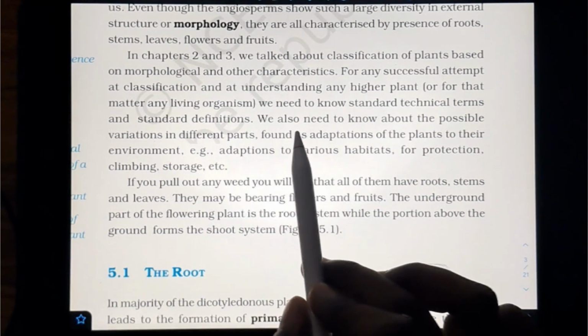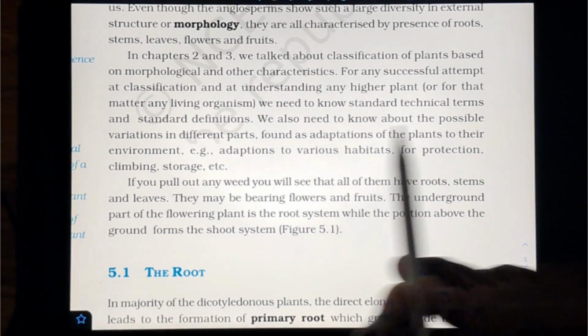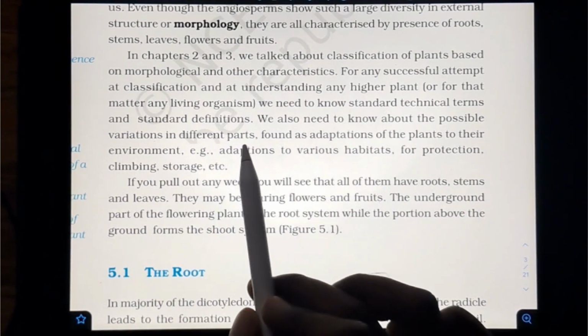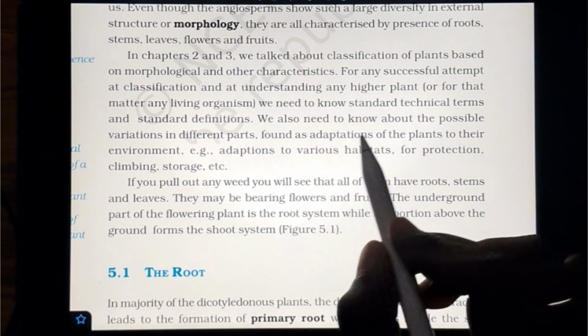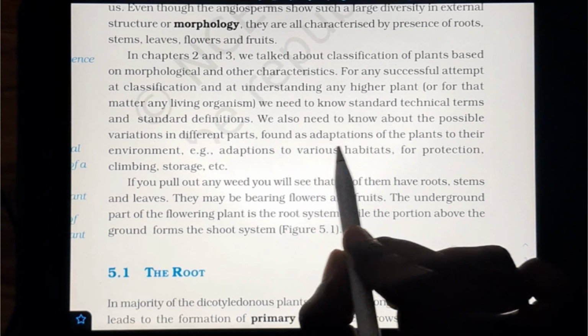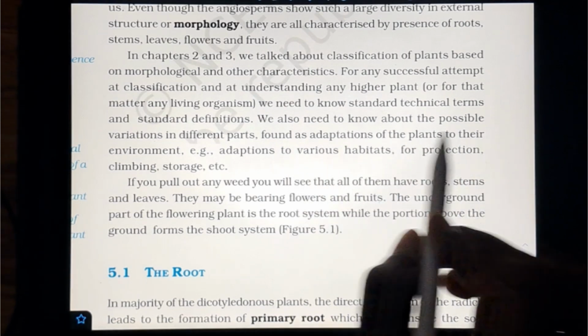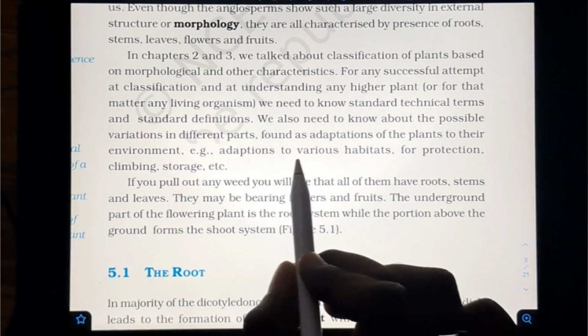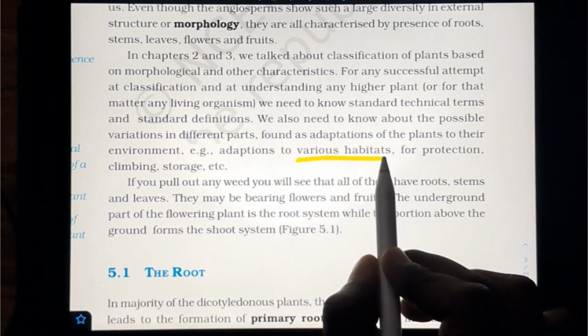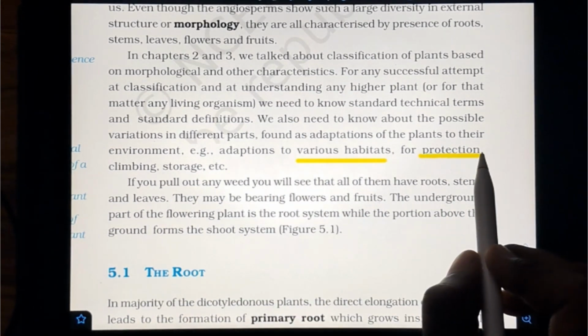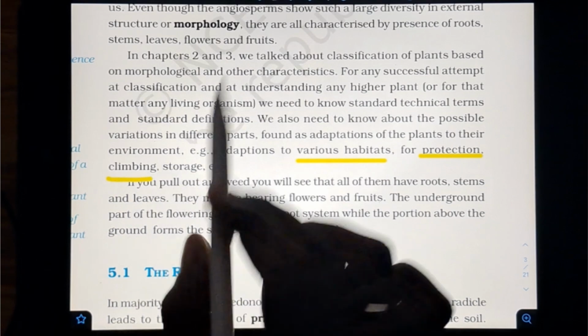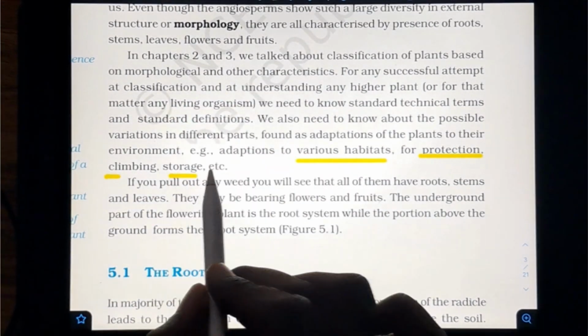We also need to know about the possible variations found in different parts as adaptations of the plants to their environment, adaptations to various habits, protection, climbing and storage etc.